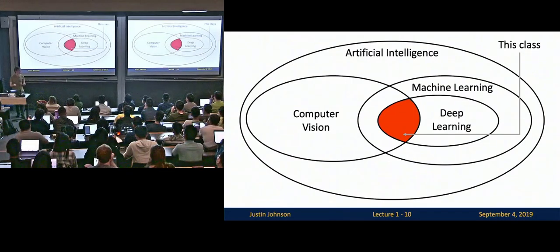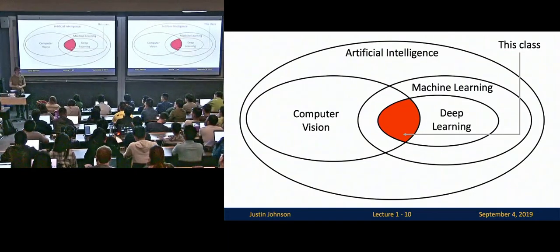The reason I want to start out with this slide is because it's really easy to get caught up in the hype these days and think that computer vision is the only type of AI, deep learning is the only type of AI, deep learning is the only type of computer vision. But I think none of these are true. There are types of AI which have nothing to do with learning, nothing to do with deep learning. There are classical results about symbolic systems and other approaches to AI that are very different technically.